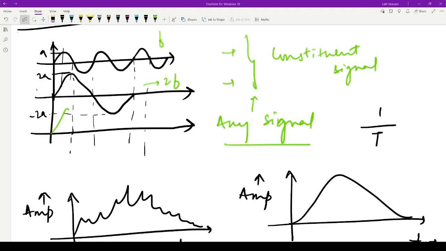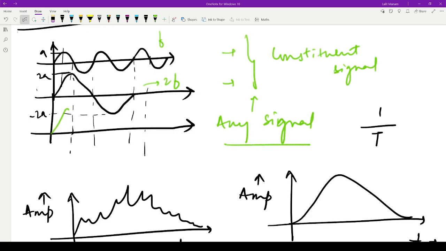For the 2D case, the x and y axes can be my basis, or I can tilt the x and y axes by 45 degrees and it still remains a basis. Similarly, signals can be represented in multiple forms. The class of signals you can represent with specific functions is limited by the basis functions, or rather the constituent signals that I'm talking about.